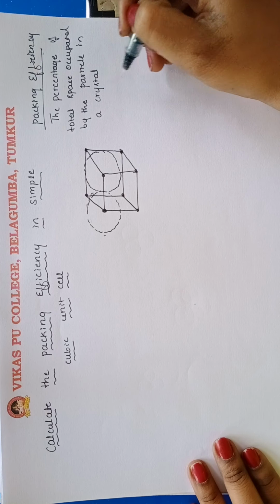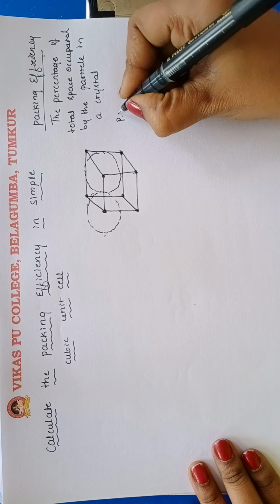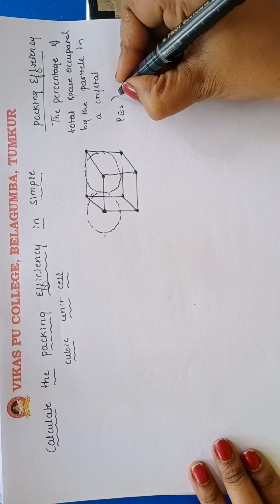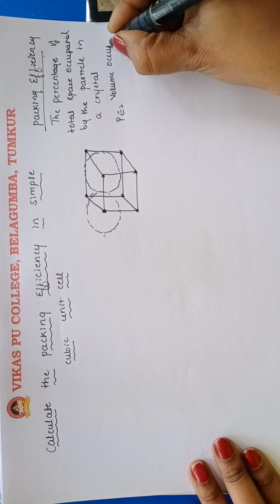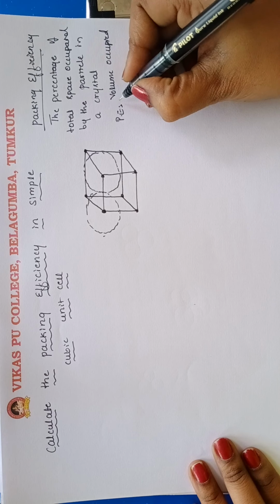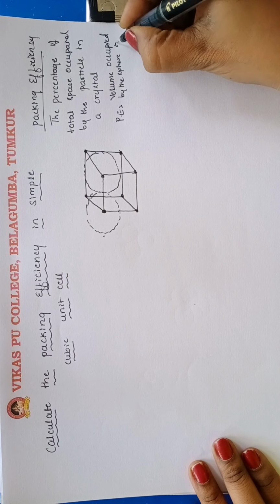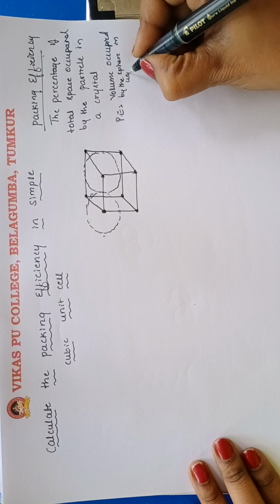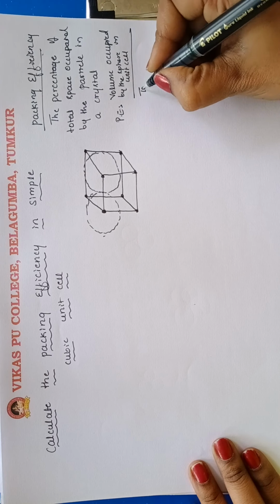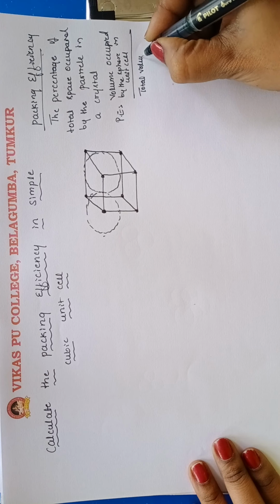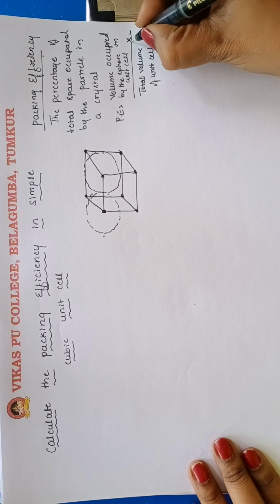The packing efficiency formula can be written as: packing efficiency is equal to the volume occupied by the spheres in the unit cell divided by the total volume of the unit cell, into 100.